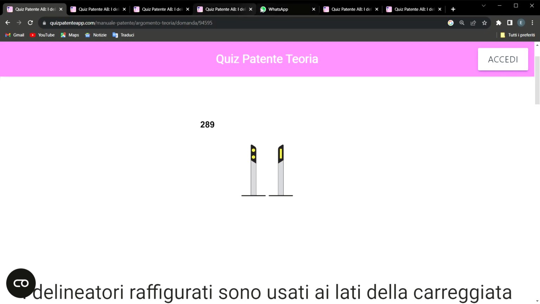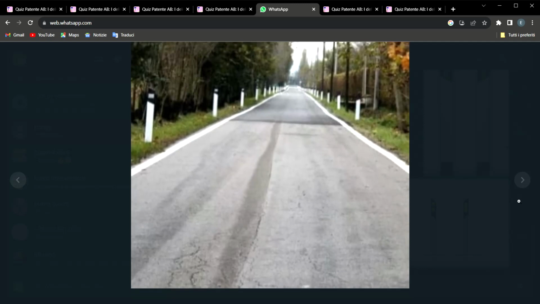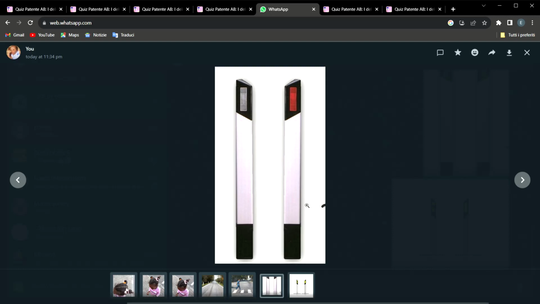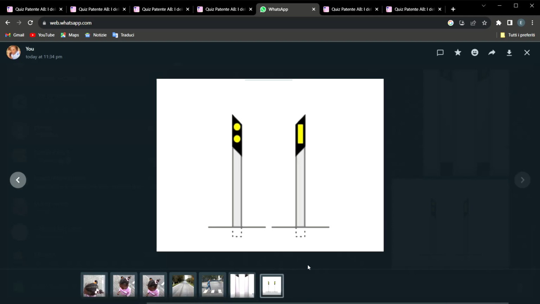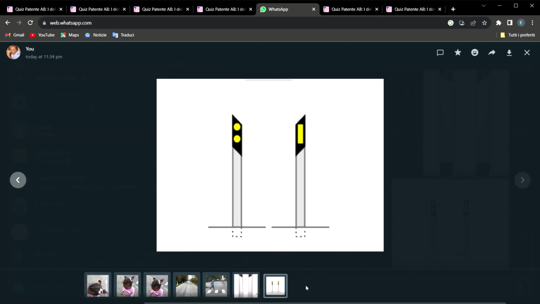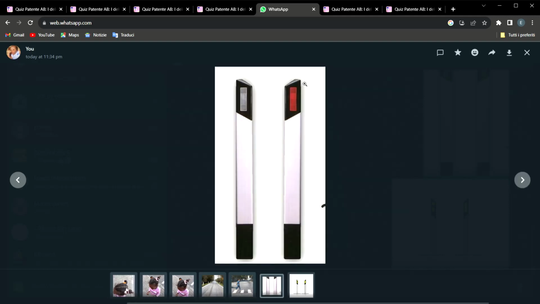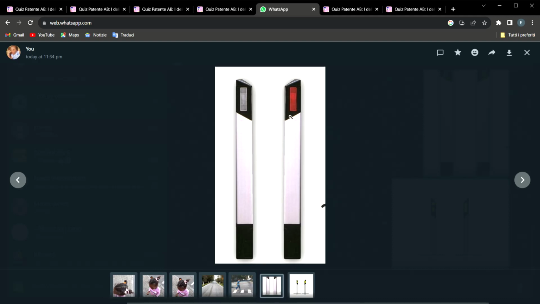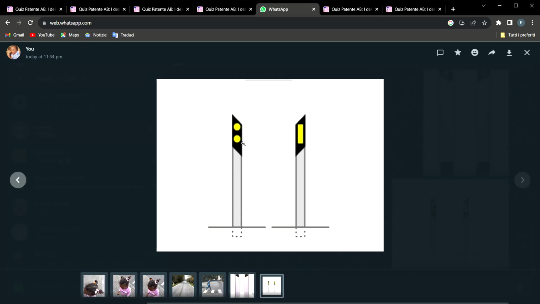You should be able to differentiate between the two. The one for Doppler sensor has a red reflection and a white reflection, while the one for sensor UNICO has a yellow reflection.